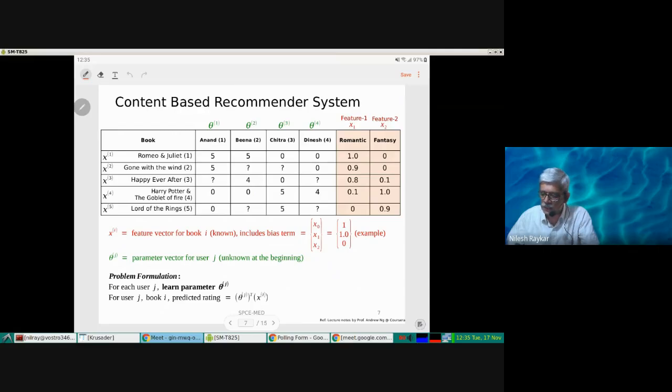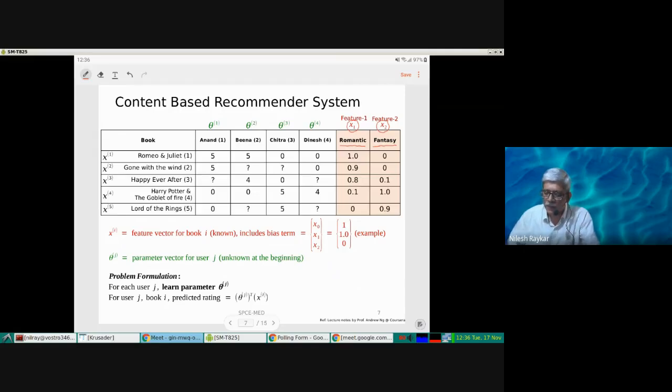The features which are defined for the book, again, there can be n number of features, but the features we are discussing here are that some books are romantic and some books are fantasy. So we are just considering two features for the sake of this discussion. These features in our notation, we are describing as x1 and x2. For this problem, there are only two features, though there can be n number of features for a general problem.